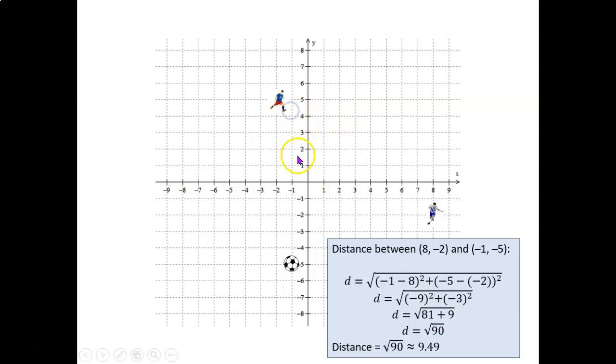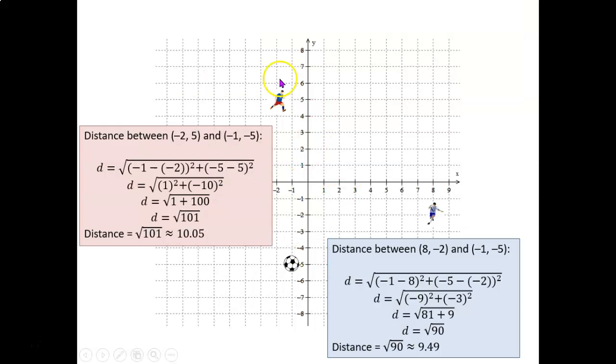Meanwhile, what about this guy? He's at the point negative 2, 5. And we want to find how far that is from the soccer ball at negative 1, negative 5. So x-coordinate minus x-coordinate, negative 1 minus negative 2 would be 1. Square that, you get 1.